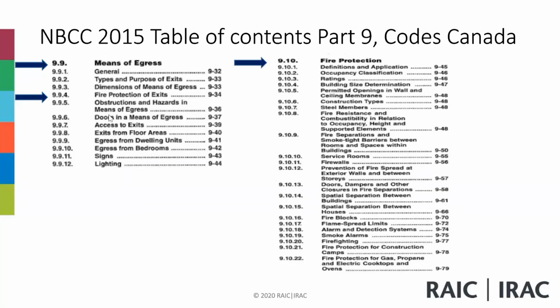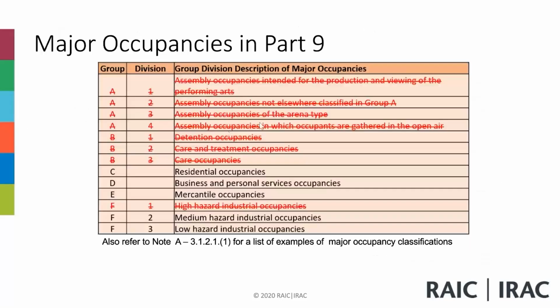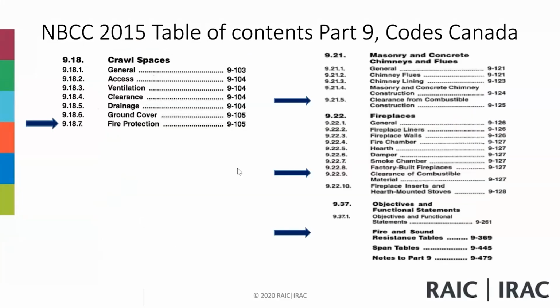So we're looking under 9.9, 9.9.4, 9.10. Crawl spaces, you've got fire protection requirements for crawl spaces. You'll see a lot of sections will be repeated because some of them will have requirements for multiple functions. You're looking at clearances from combustible construction of masonry chimneys.